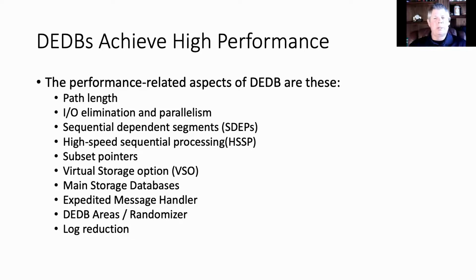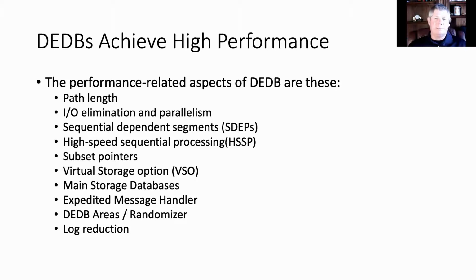There's a subset pointer. The subset pointer creates a subset of the twin chain to enable applications to access the subset without having to process down the twin chain from the beginning. There's also a virtual storage option, which reduces I/O with decreased locking contention and creates more efficiency to write the area data set.